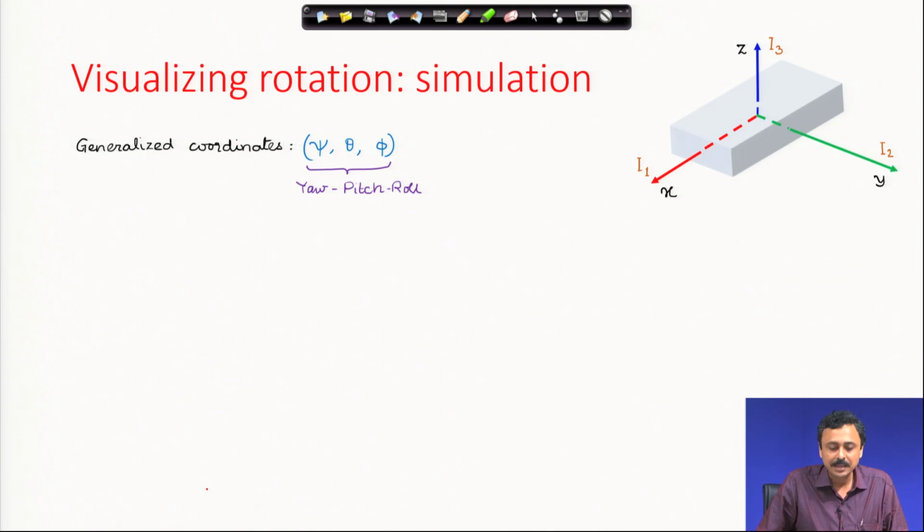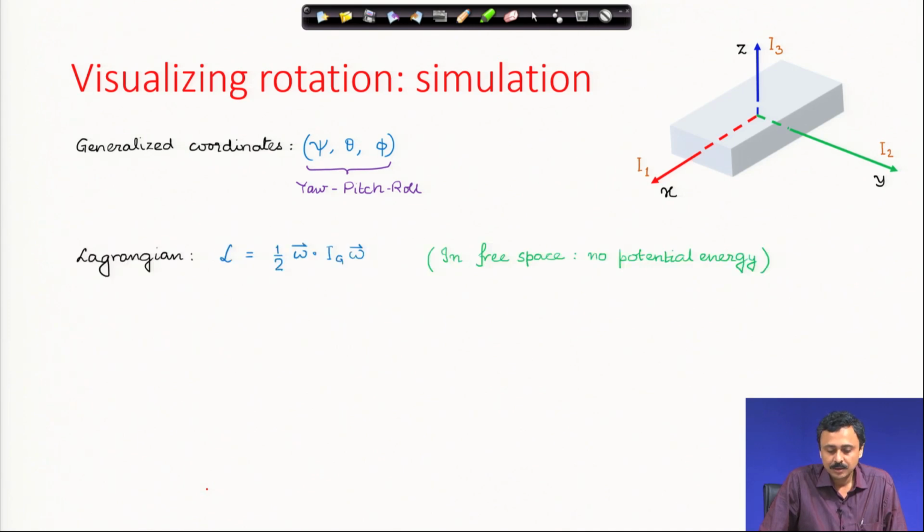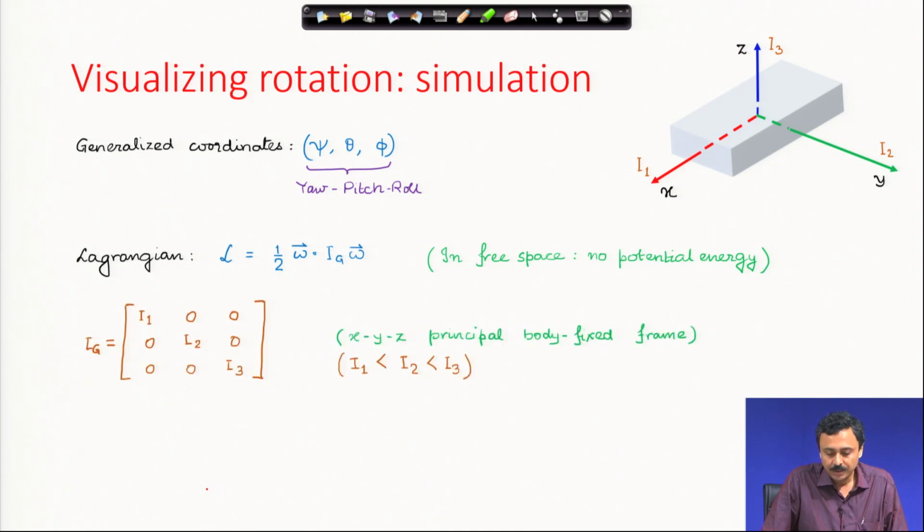Now, we visualize this rotation, whatever we have discussed. We use the generalized coordinates psi, theta, phi, which are the yaw, pitch and roll coordinates. We can write down the Lagrangian. This we have discussed. In free space there is no potential energy, therefore, we have only the kinetic energy. The Lagrangian is the kinetic energy, and I write the kinetic energy in terms of the yaw rate, pitch rate and roll rate.